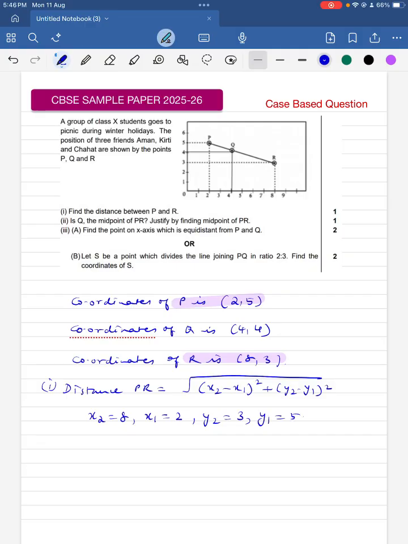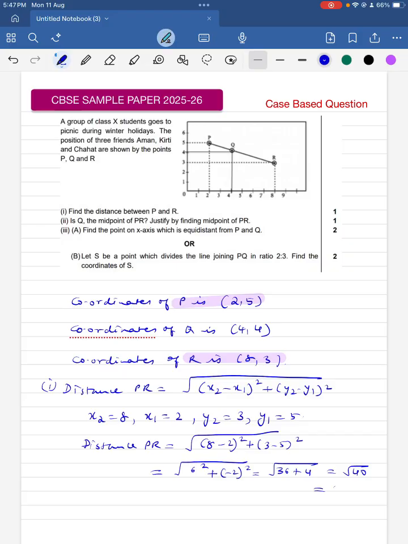So distance PR is equal to root of 8 minus 2 the whole square plus 3 minus 5 the whole square, which is equal to root of 6 squared plus minus 2 squared, which is root of 36 plus 4, which is equal to root 40, or that's 2 root 10.